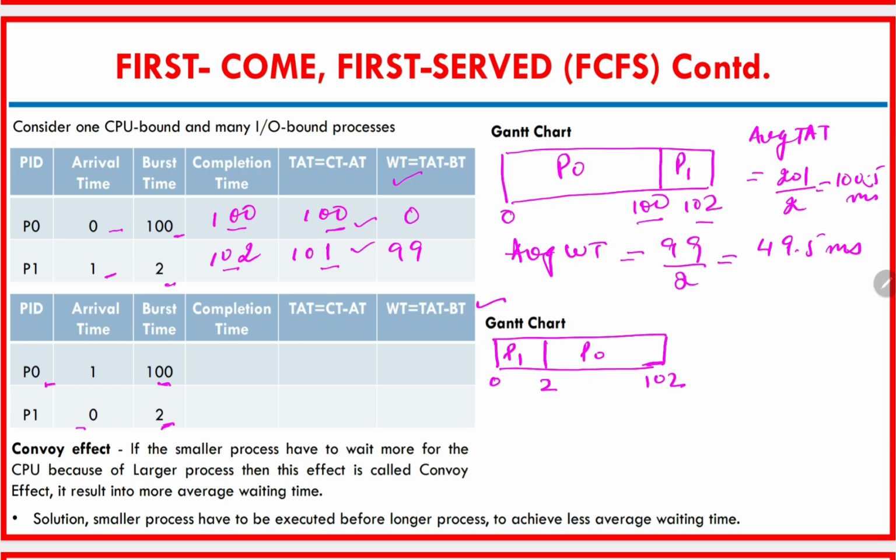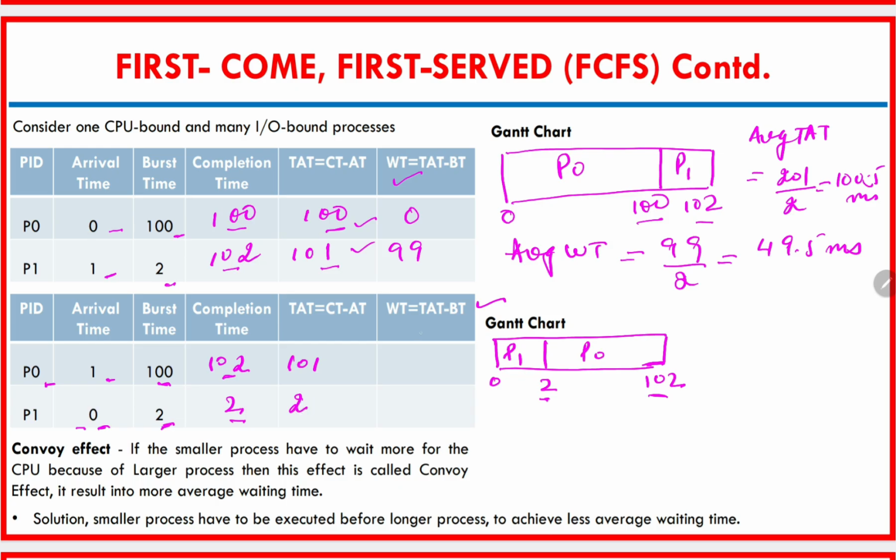Now let's calculate the completion time. Completion time for P0 is 102, whereas the completion time of P1 is 2. Let's calculate turnaround time. Turnaround time is 102 minus arrival time, that is 1. So this comes out to be 101 for process P0, whereas for process P1 it is 2 minus 0, which comes out to be 2.